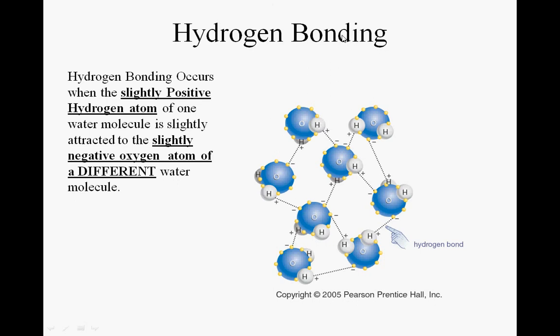The key concept in hydrogen bonding is that you need more than one molecule. You're not talking about attraction within the same molecule. You're talking about when the hydrogen atom of one water molecule is slightly attracted to the oxygen atom of a different molecule. Don't get that mixed up on your test.